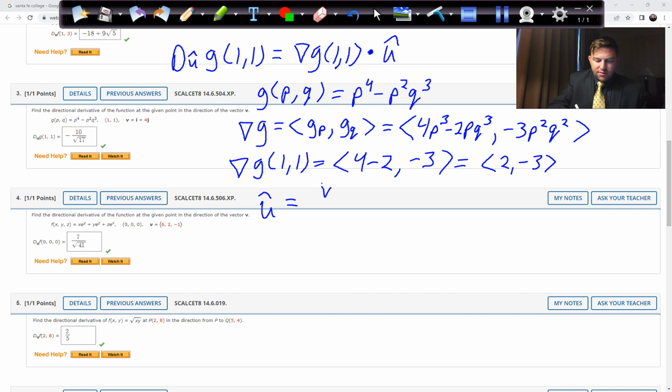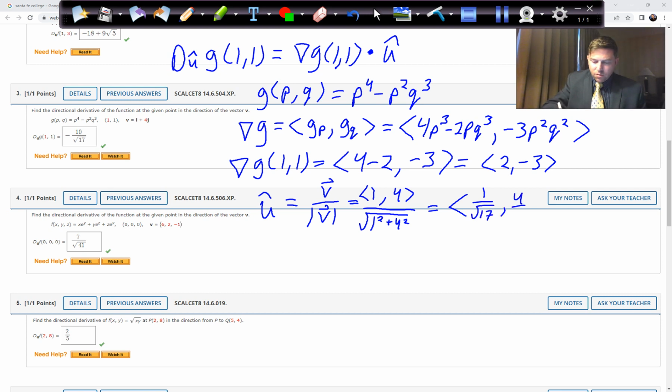It's going to be the v vector they gave divided by the magnitude of the v vector. The v vector they gave was (1, 4). Its magnitude would then be the square root of the sum of the squares of these components, 1 squared plus 4 squared. So that's going to give us the square root of 17. So the unit vector is 1 over square root 17, 4 over square root 17.